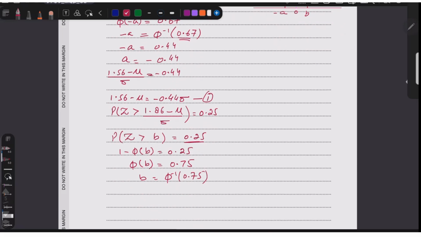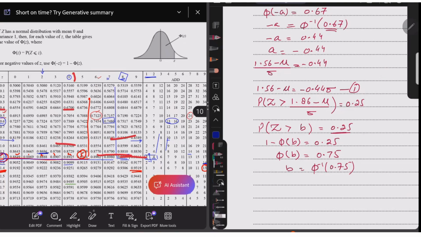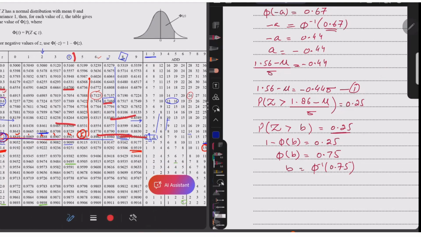By applying the same information using the table, we'll find the value against which we get this 0.75. This value is 0.7486 and it is against 0.67, and if we take the difference of columns 4 and 5, our final answer would be 0.67 and so on.